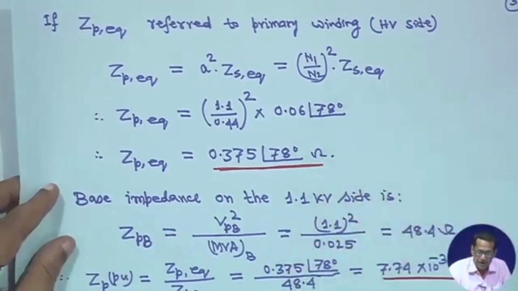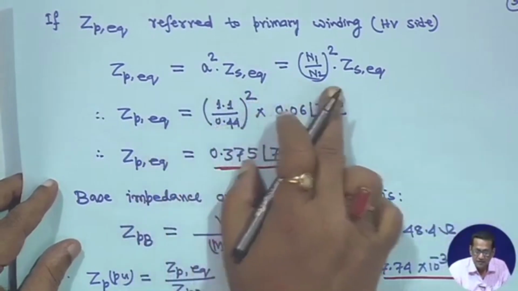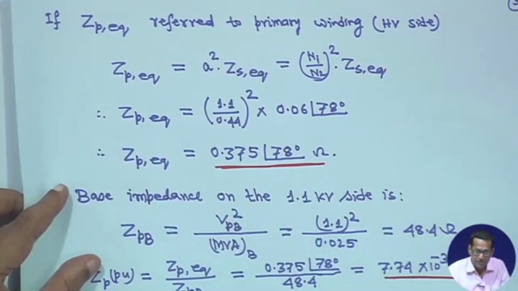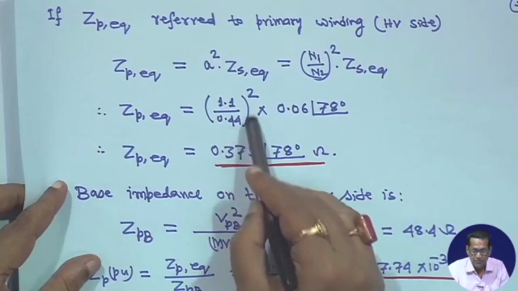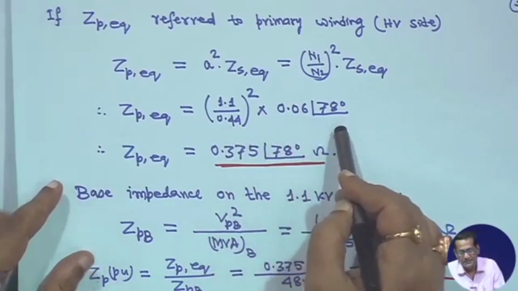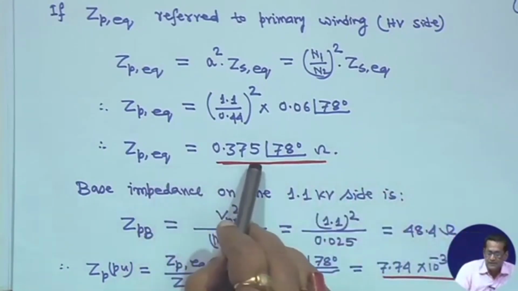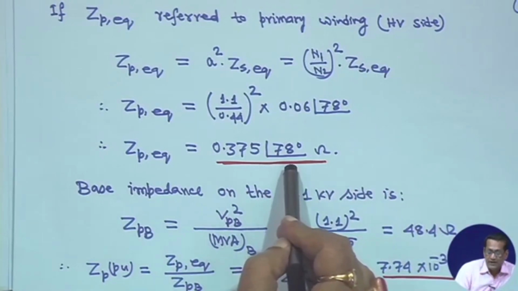So, ZP EQ is equal to 1.1 divided by 0.44 whole square into 0.06 angle 78 degree. This ZP equivalent is equal to 0.375 angle 78 degree ohm.